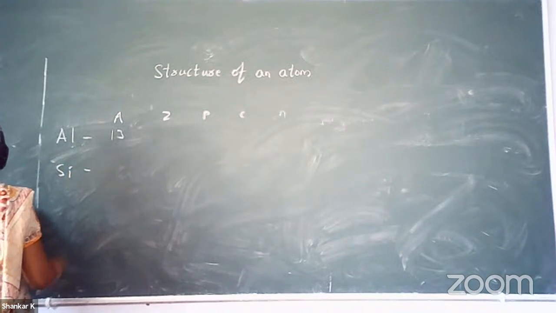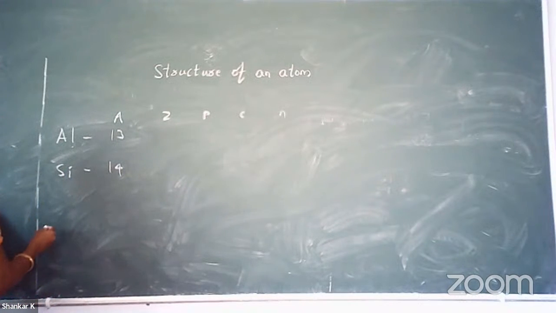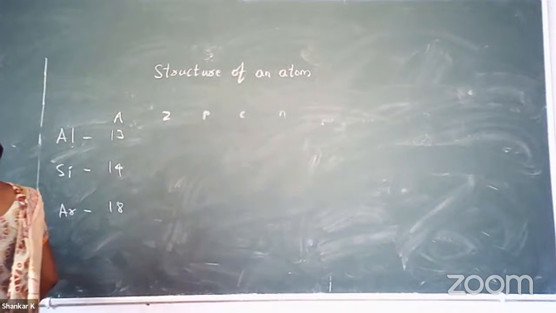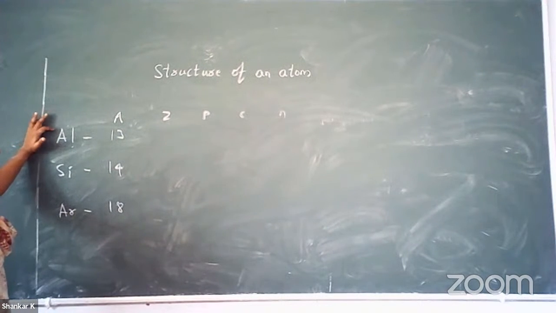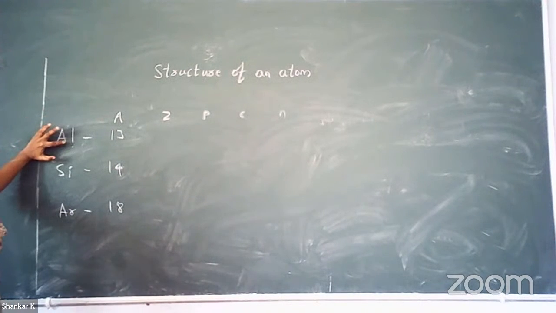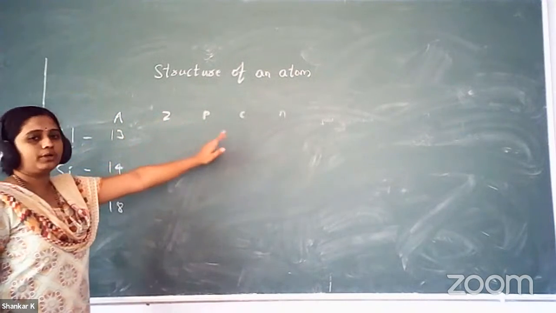Silicon has atomic number 14. Find it. The next one is argon. Argon has 18 atomic number. Now you tell me, students, what is the atomic mass of aluminum? And how do you find the proton, electron, and neutron?